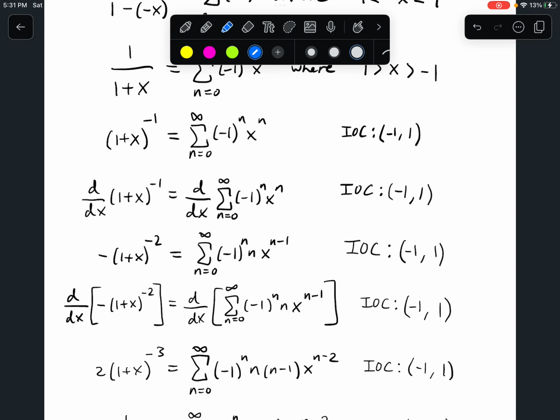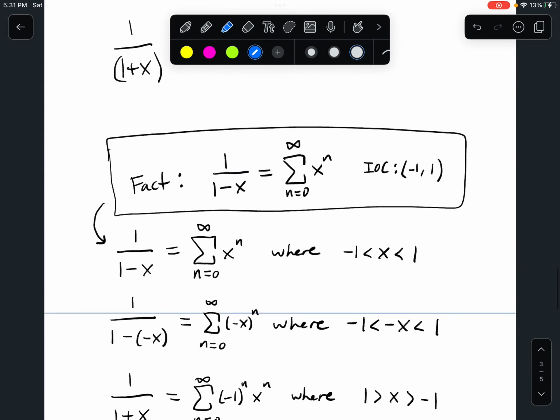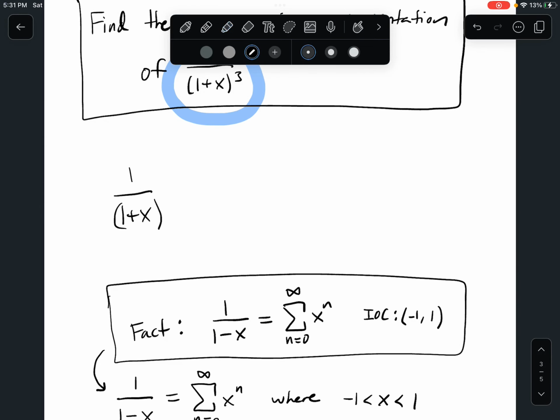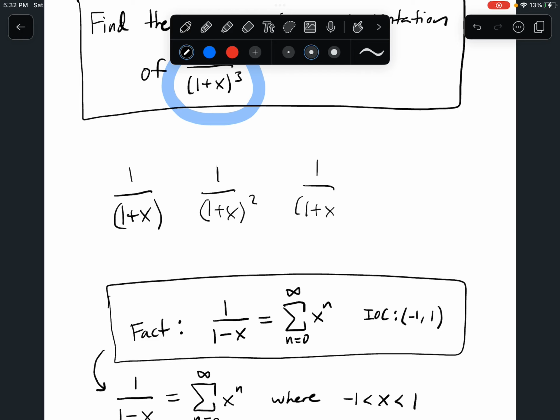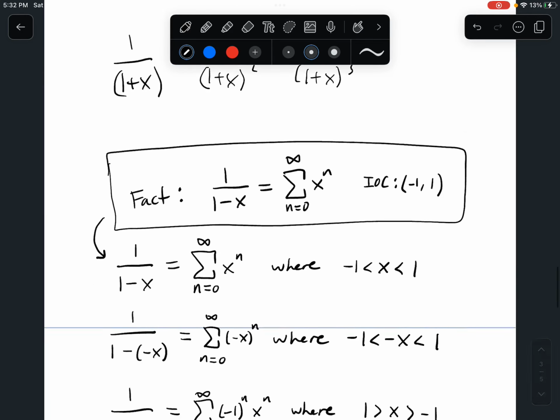Now let's differentiate, because when we differentiate, we can hopefully get an expression for not just 1 over 1 plus x, but also 1 over 1 plus x squared and 1 over 1 plus x cubed. So differentiation should help with that.